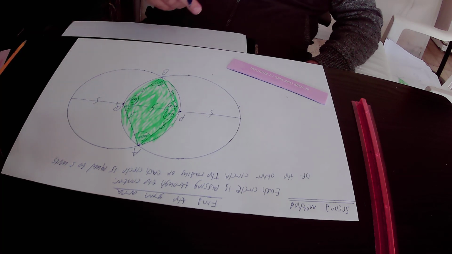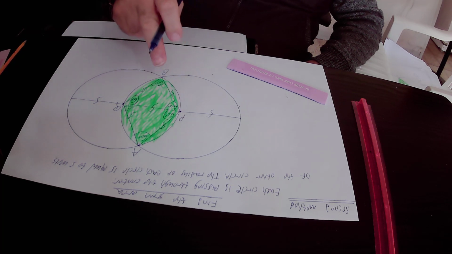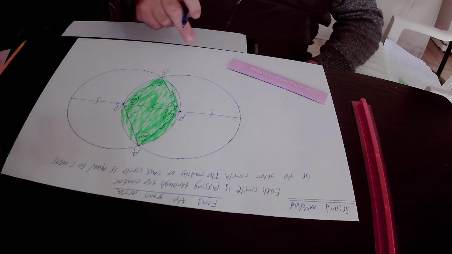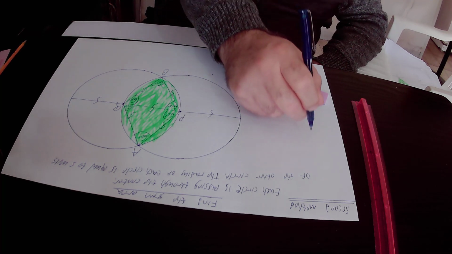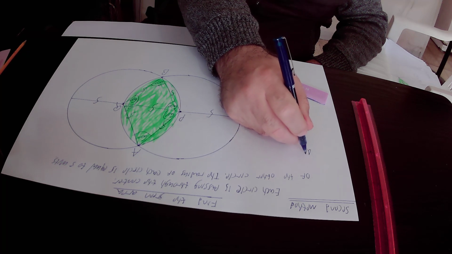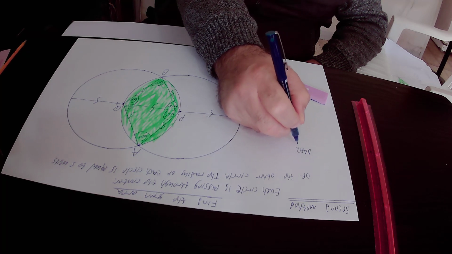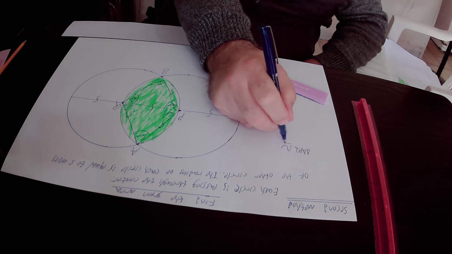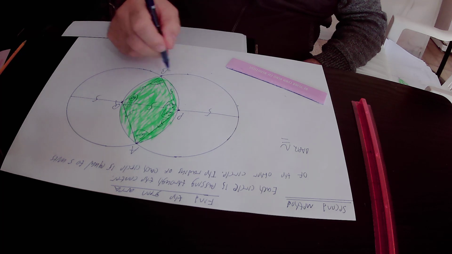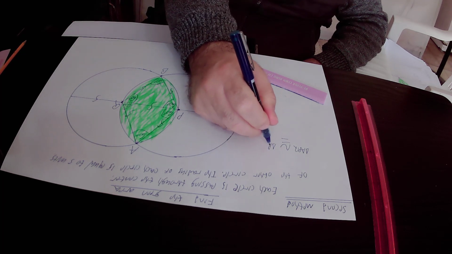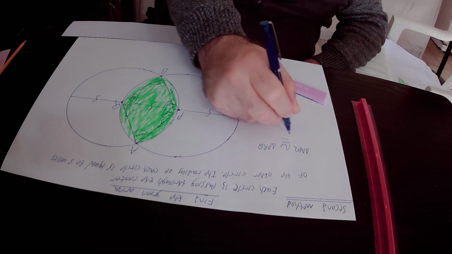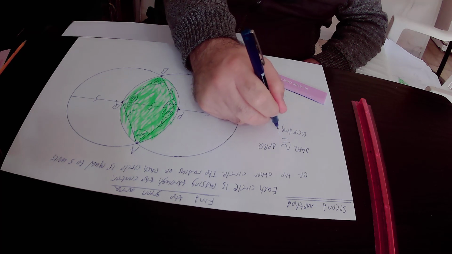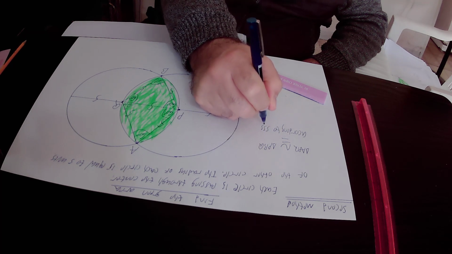And the equilateral triangle APQ is congruent to the equilateral triangle PBQ according to the side rule. I write it down: the equilateral triangle APQ is congruent to the equilateral triangle PBQ according to the side rule.